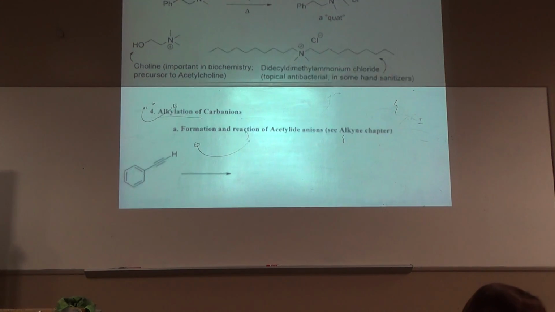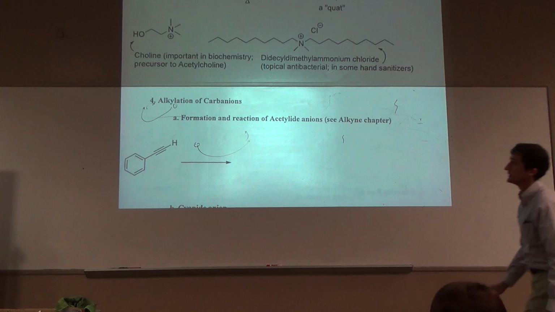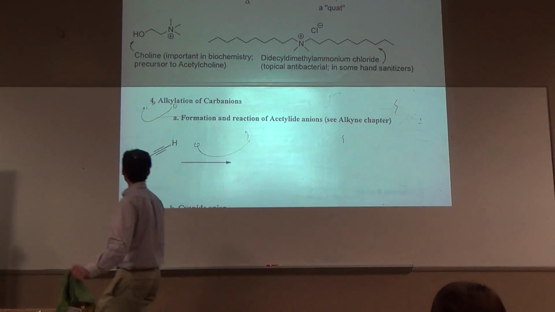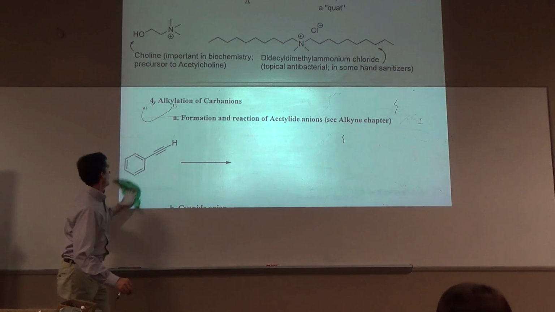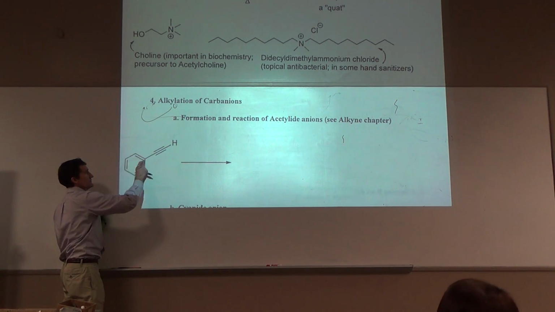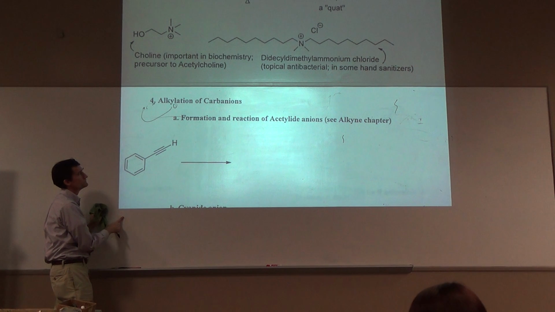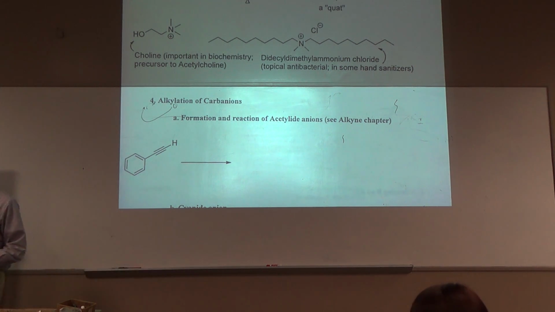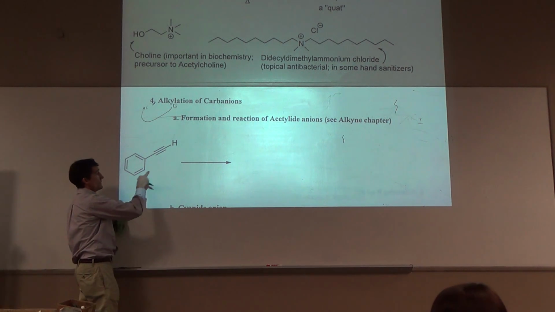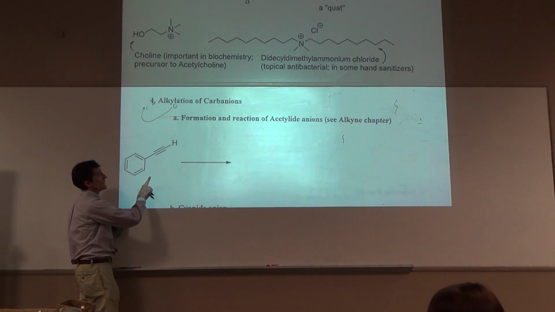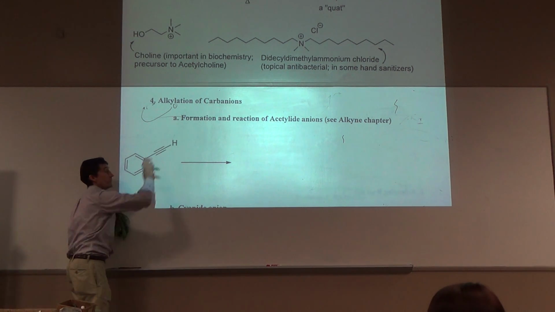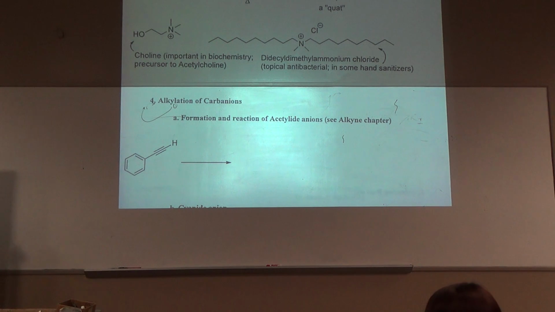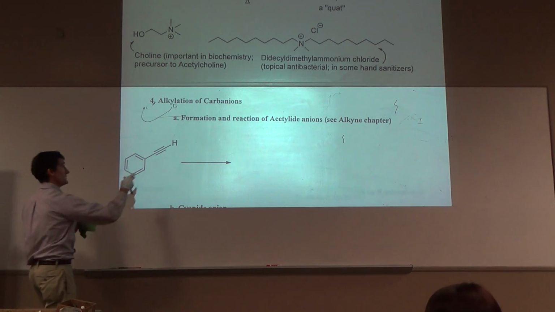What about carbons? Can we put alkyl groups on carbons? Sure. Do we have a good nucleophile here for SN2? Typically, a nucleophile for SN2, you're talking about a lone pair. I don't even see a lone pair. Can we make a carbon lone pair anywhere? Where's the most acidic hydrogen at? Right there. That's the last thing we talked about, test tube material. The sp C-H is acidic enough.